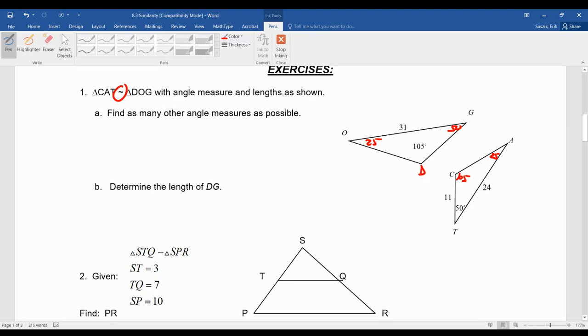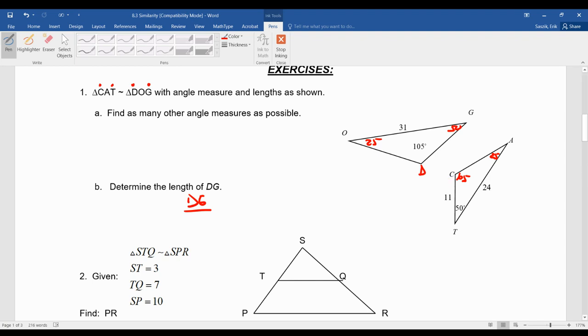Okay, determine the length of DG. Well, let's take a look at that. So DG, remember, DG corresponds to CT. Okay, so DG is to, what's CT?